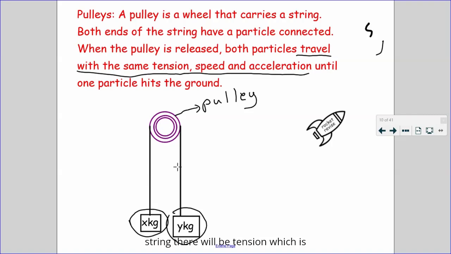On both ends of the string, there will be tension which is acting towards the pulley there. So this will be your two tension forces. This replaces, you can say, the normal reaction force in some instances, because both the particles are hanging in the air, right? They are not on a surface, so there will be no normal reaction. You will only have tension.